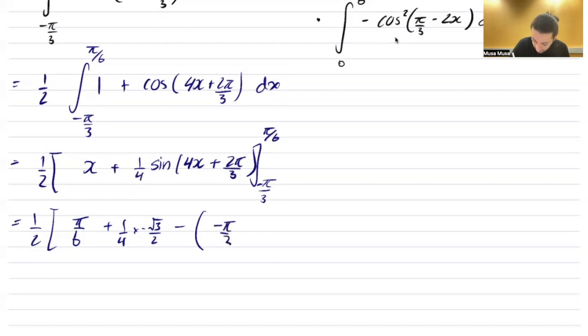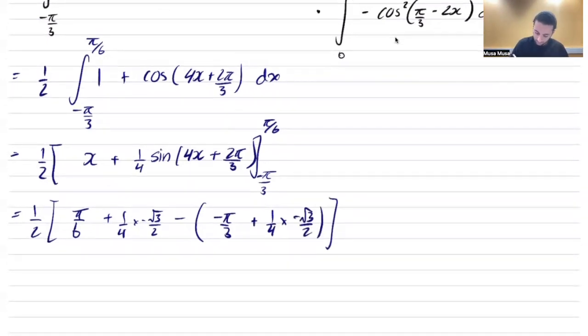So negative pi on 3 plus a quarter times. So this is going to be negative 4 pi on 3 plus 2 pi on 3, which gives you negative 2 pi on 3. Sine of negative 2 pi on 3 is in the third quadrant, and it's also minus root 3 over 2. Oh, that's worked out really well.